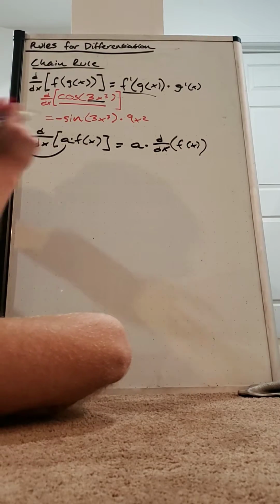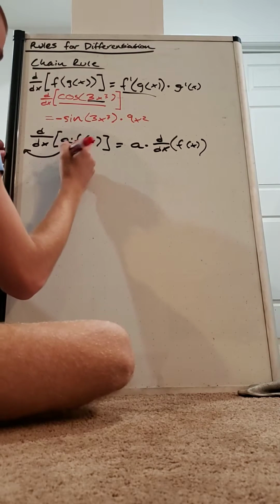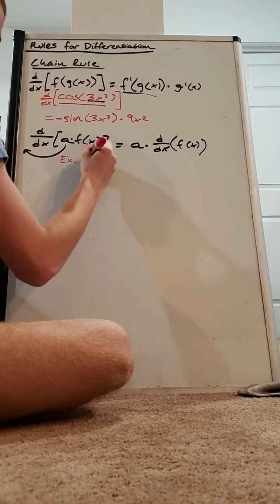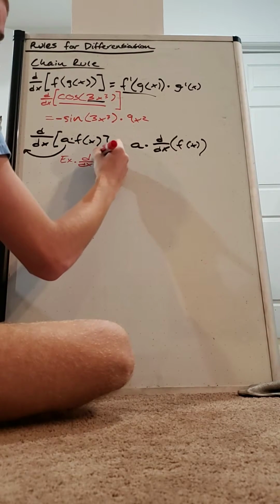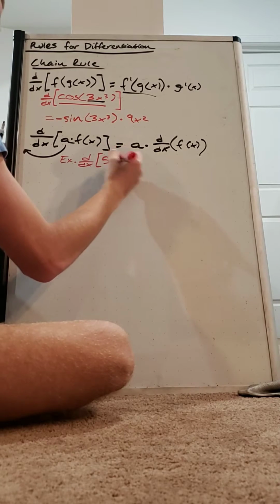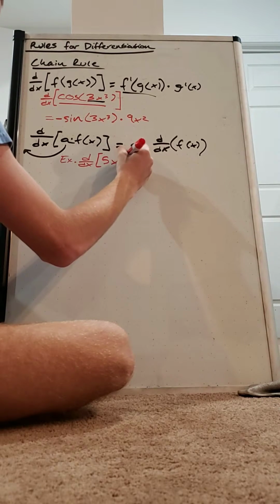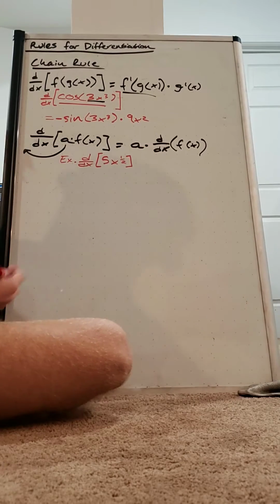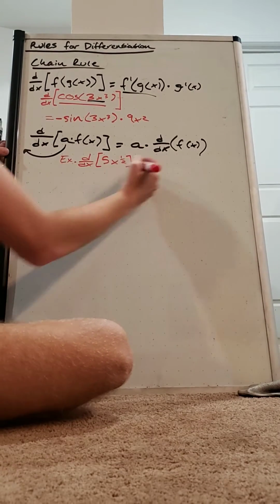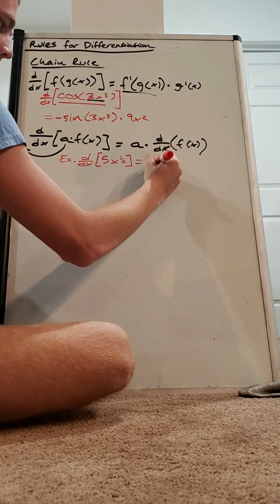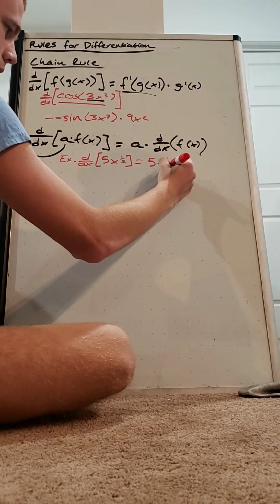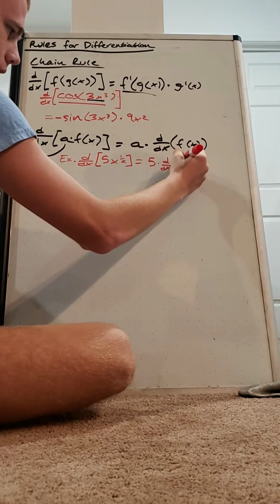An example of this could be if you're differentiating 5x to the 1/2, right? You could bring this 5 out to the front and just differentiate x to the 1/2.